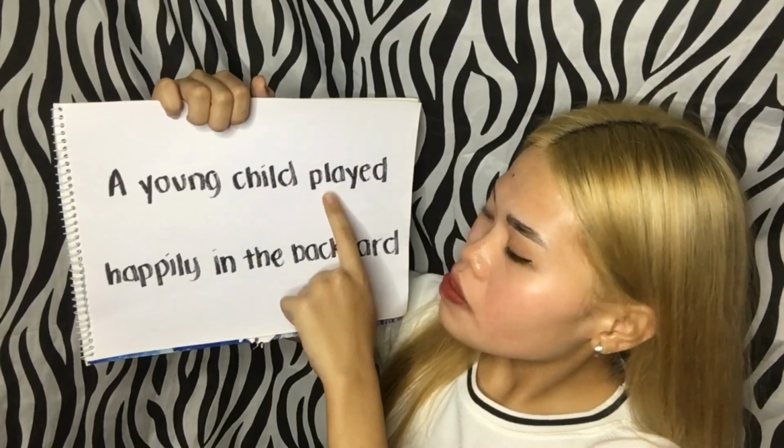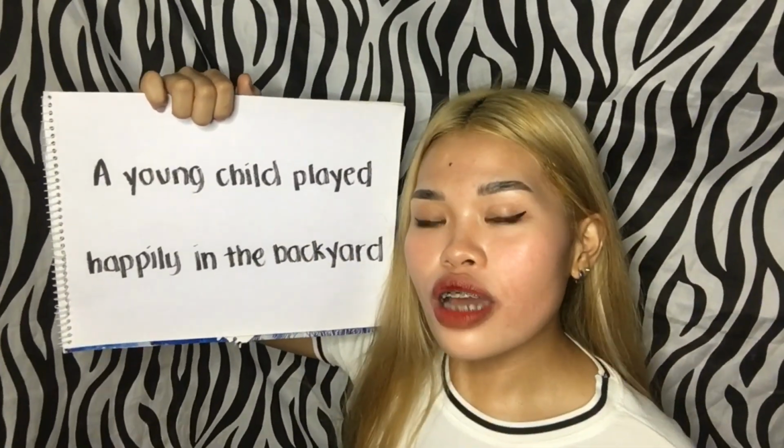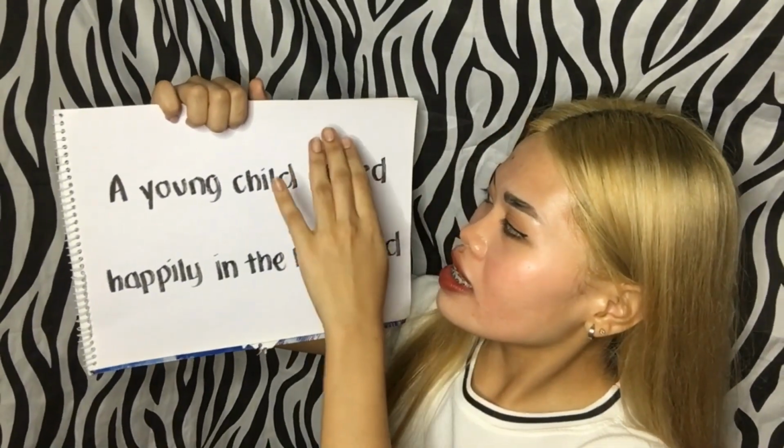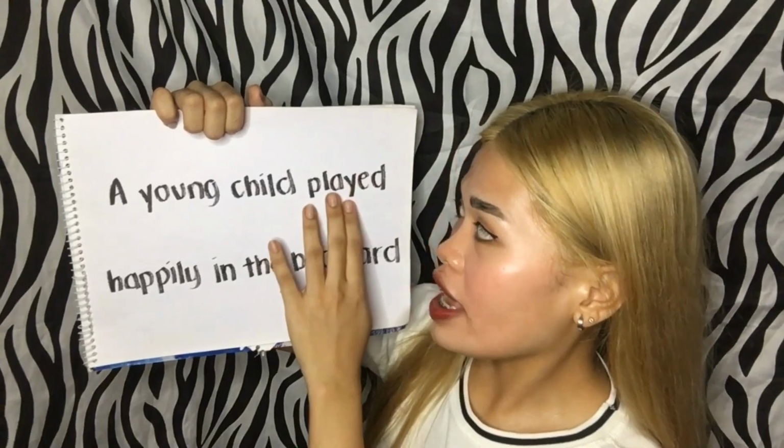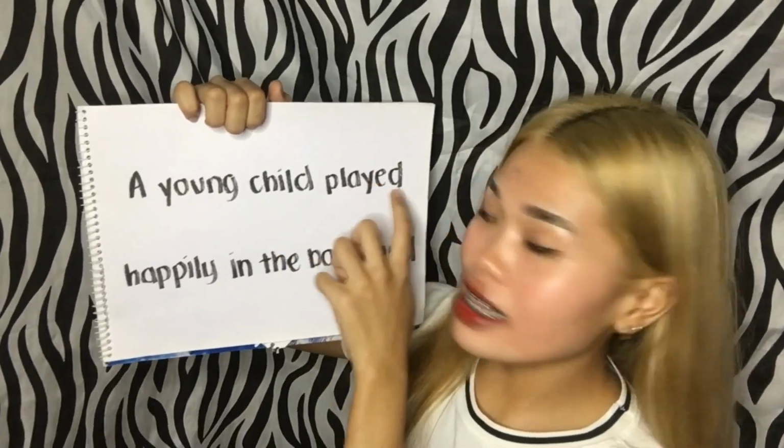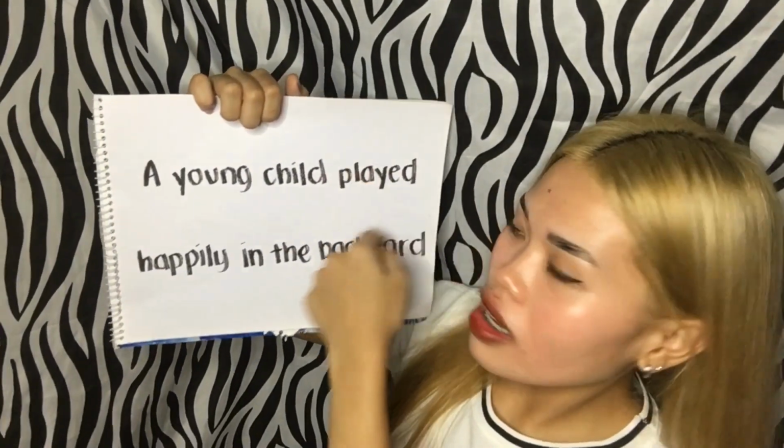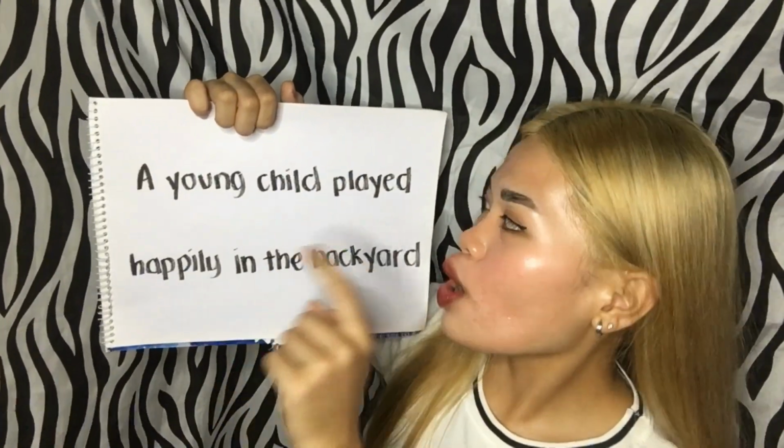Played is a combination of functional and bound morpheme because the root word here is play and it has a suffix ed that is bound here to a word play.